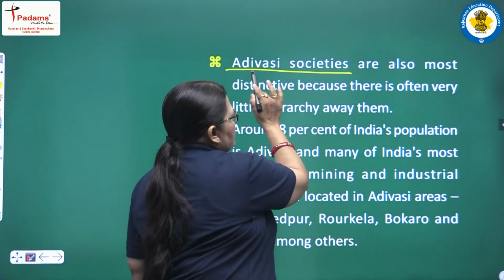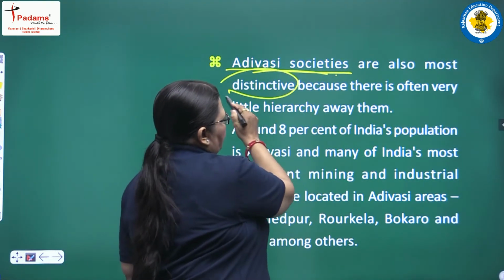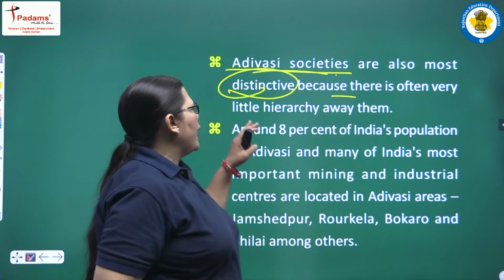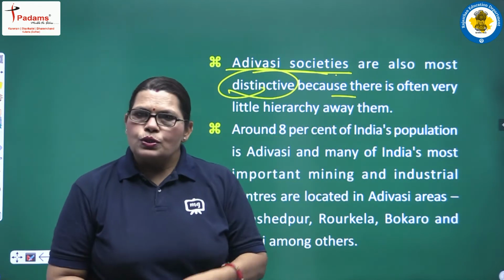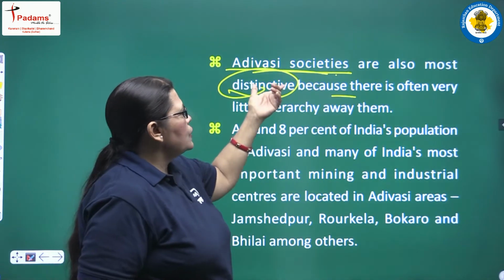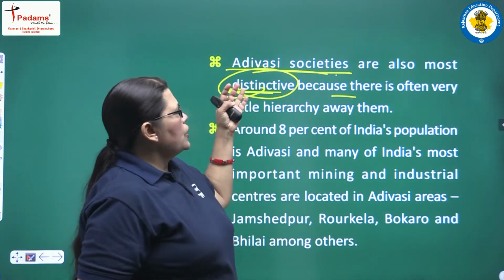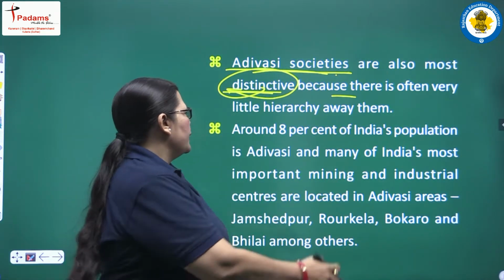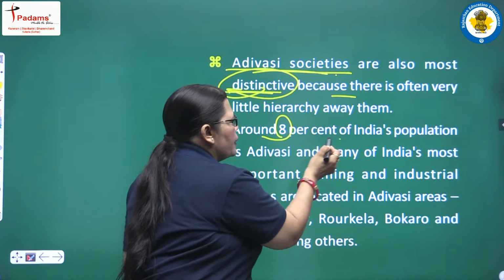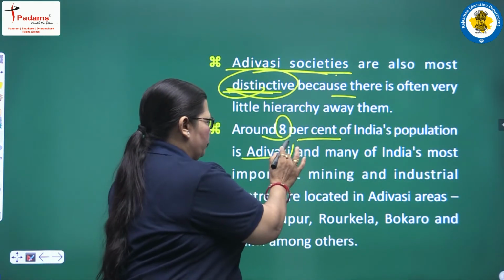Adivasi societies are also most distinctive because there is often very little hierarchy within them. At present, around 8% of India's population is Adivasi.